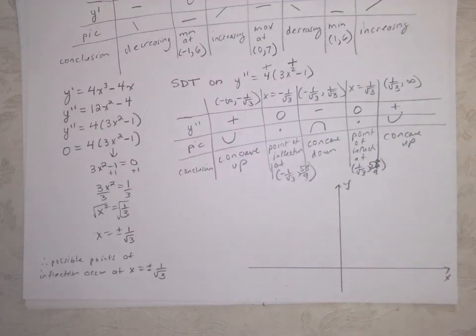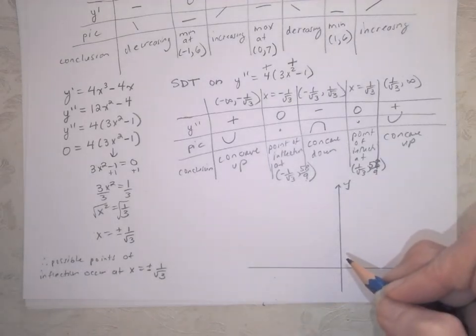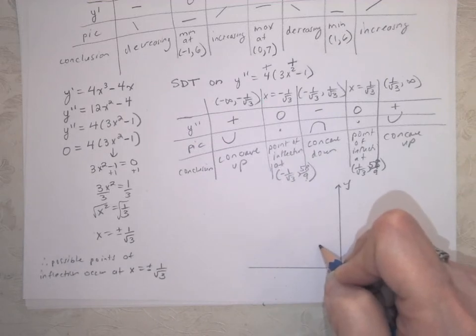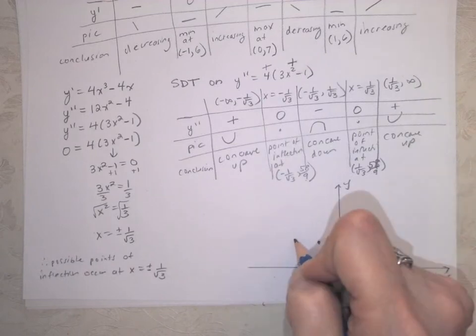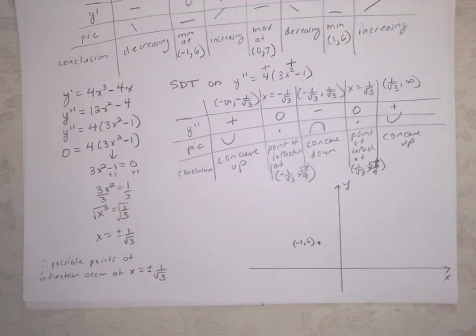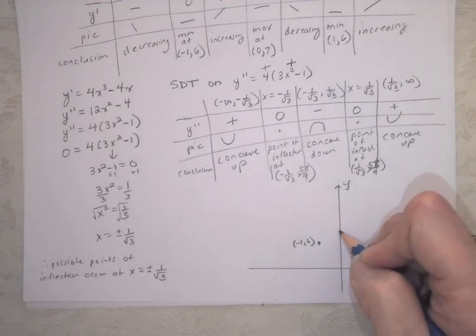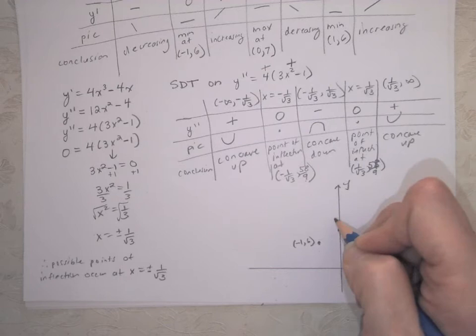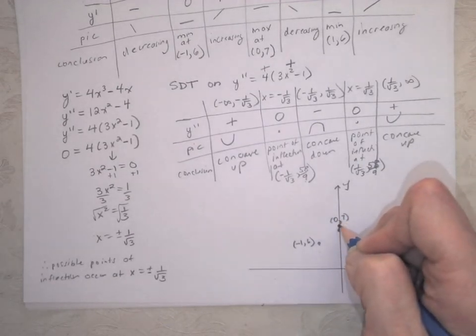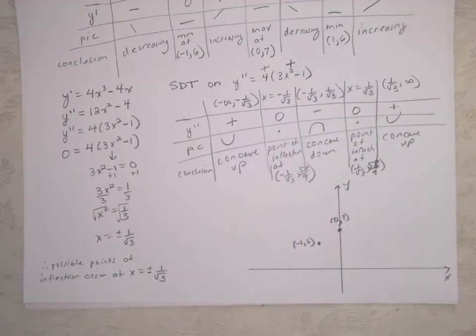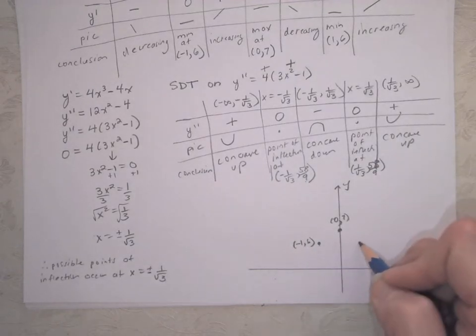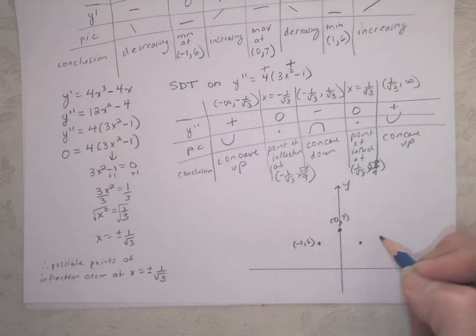And remember, 58 over 9 was 6.444, so a little bit above that. So -1 and 6, I'll put here. 0 and 7, got a max. Another min at 1 and 6. So that's going to be the same distance on this side.